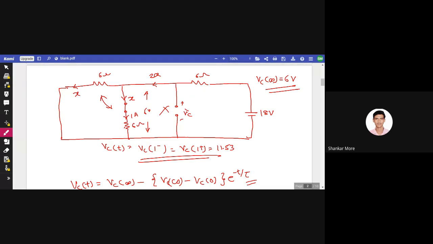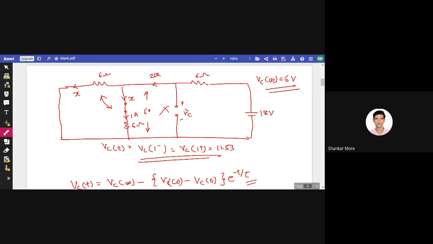No, Shardul, 9 should not be there. See, okay, wait. See, these two 6 ohm resistances are in parallel, so their equivalent will be 3 ohm, that's clear. But this 3 ohm resistance is again in parallel with the 6 ohm resistance. It's not in series. So 6 plus 3 is 9 and 6 into 3 is 18.